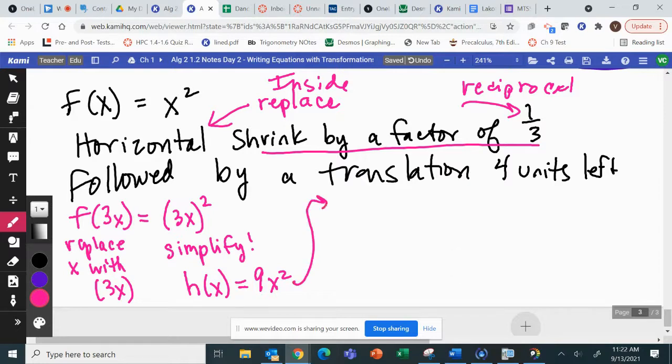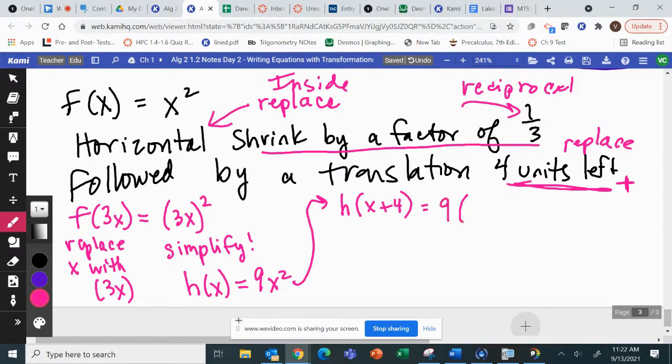All right, now we're going to follow by a translation, 4 units left. Anything horizontal is going to be the replace kind. And then left is actually going to mean we're going to use a plus sign, the opposite operation. So this is going to be h of x plus 4. Wherever I see an x, I'm going to replace it with x plus 4.